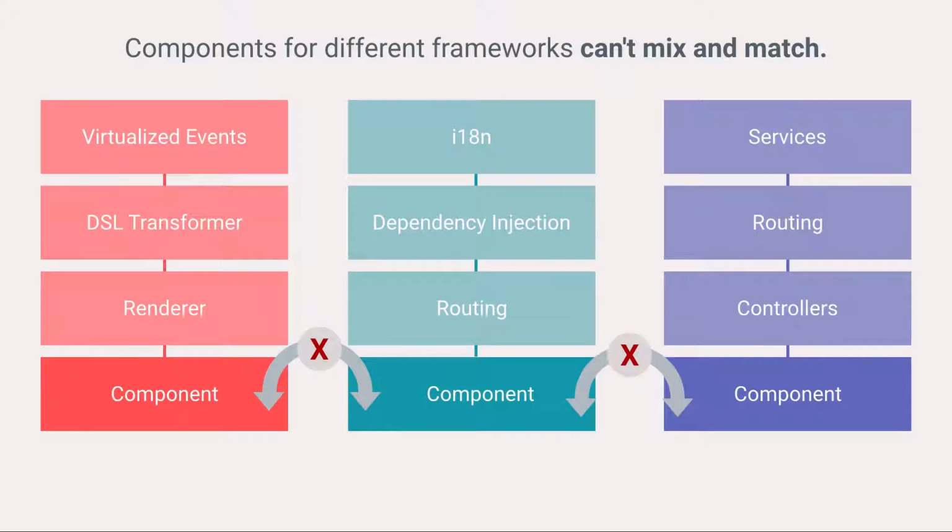And the second cost of these abstractions is a cost that you, the developer, pay. When you build a component in your web app, it's directly tied to the framework you chose. So no work you do for those components is useful in alternate frameworks. So if on your next project you're going to choose a different JavaScript framework because a new one's come out, you have to throw away all that old component code that you've written.